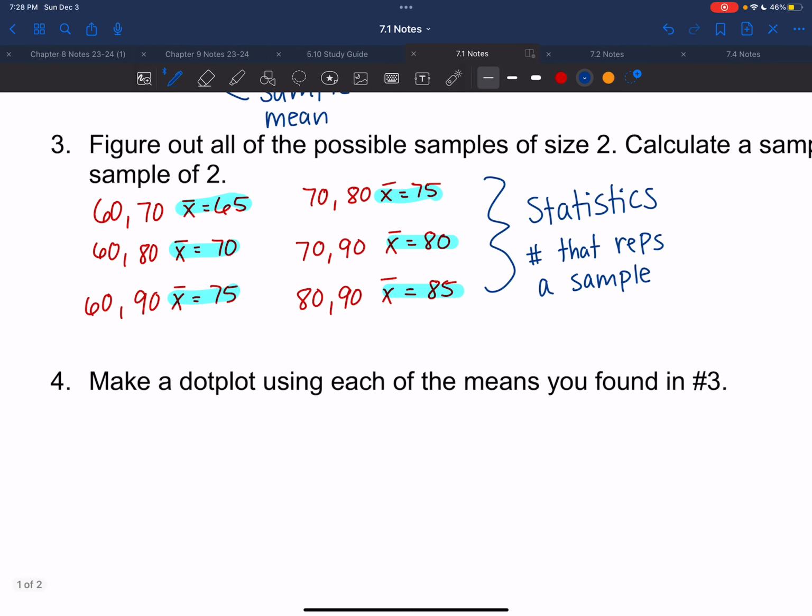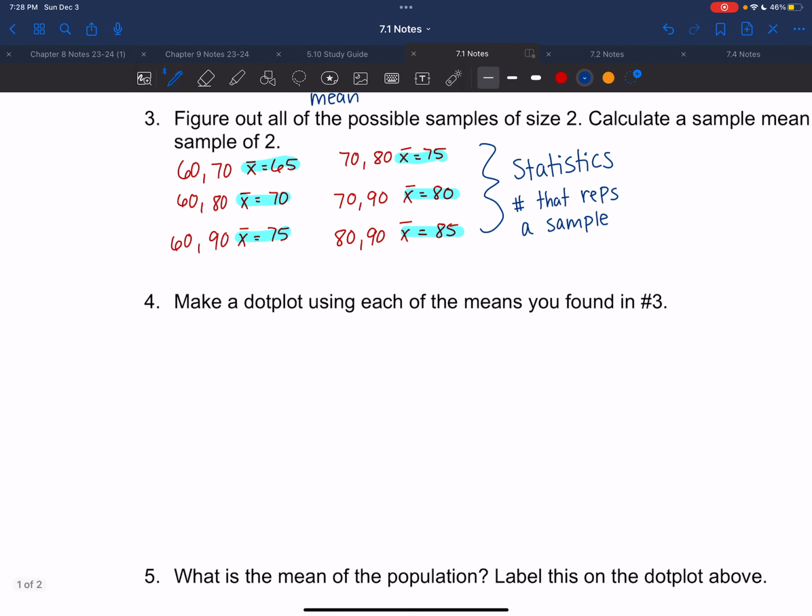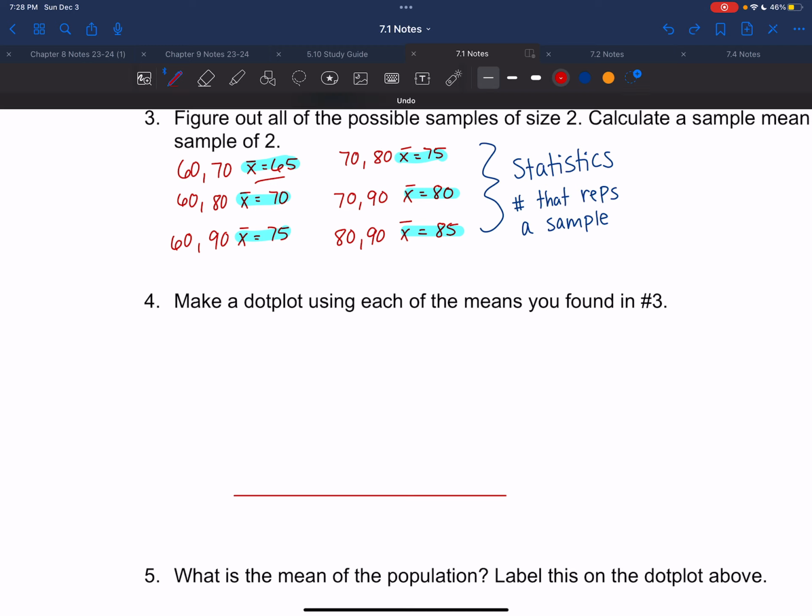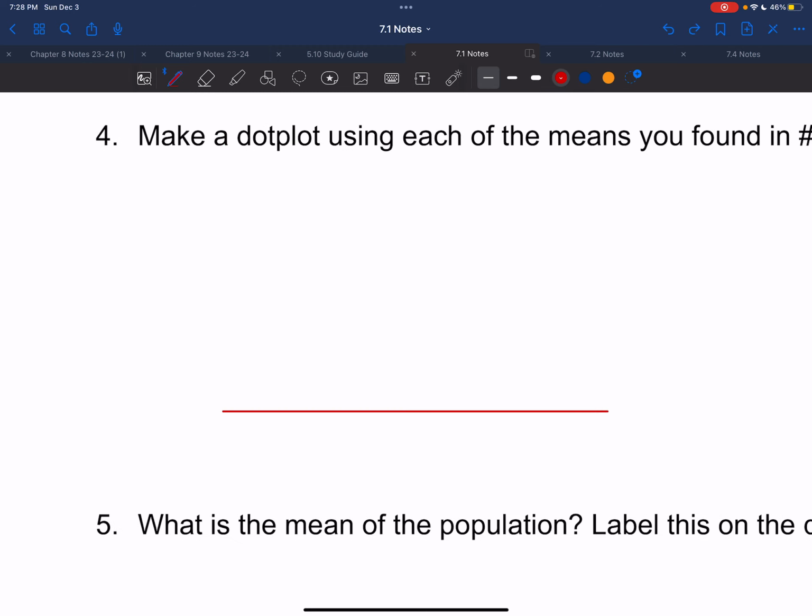Now it's asking us to create a dot plot for those numbers in question 3. If I create a distribution here, I've got numbers ranging from 65 all the way up to 85. So I'm going to go 65, 70, 75, 80, 85, and put a dot for each one of those.